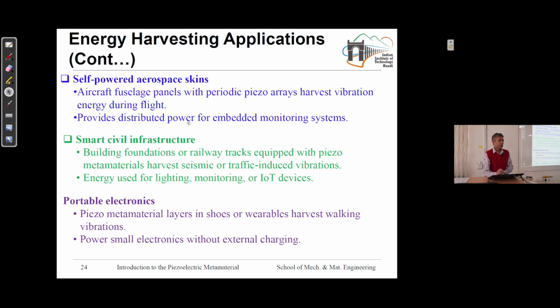So this power can be used for monitoring purposes. In smart city infrastructure, building foundations or railway tracks equipped with piezo metamaterials harvest seismic or traffic induced vibrations, and this energy can be used for lighting, monitoring, or Internet of Things devices. And of course, portable electronics: piezo metamaterial layers in shoes or wear harvest walking vibrations, and that can be used for powering small electronic devices.